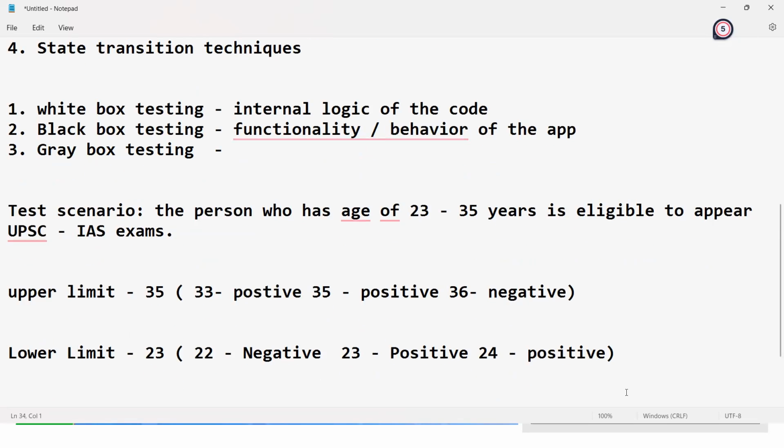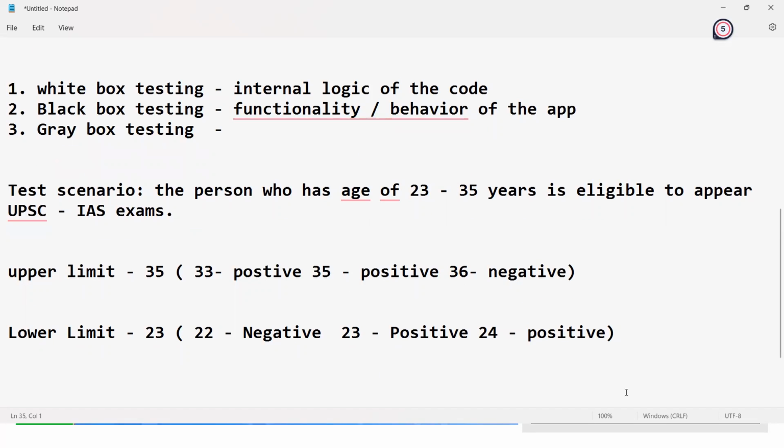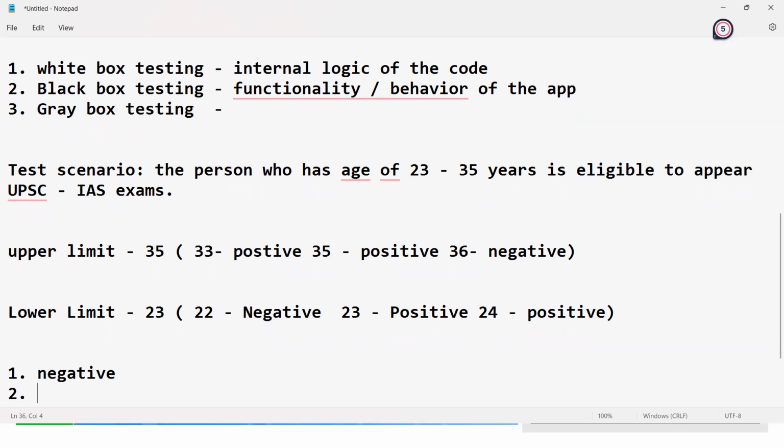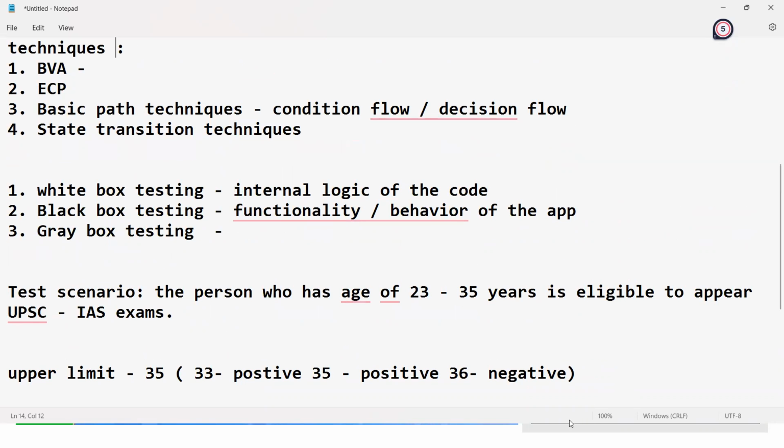Equivalence class partitioning means that whenever you have a test scenario to be tested, you should always create two sets of classes: one is the negative classes, and the second is the positive. What is equivalence class partitioning?